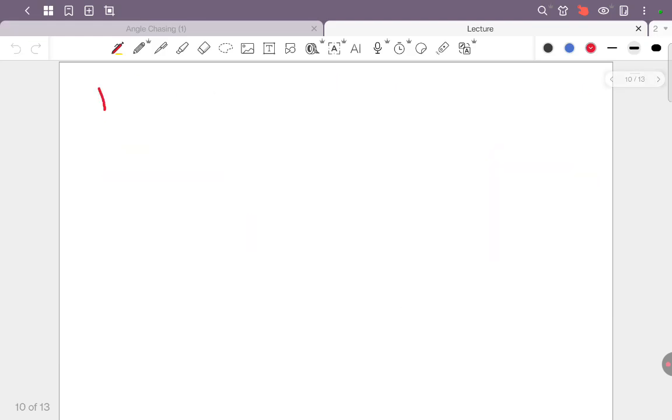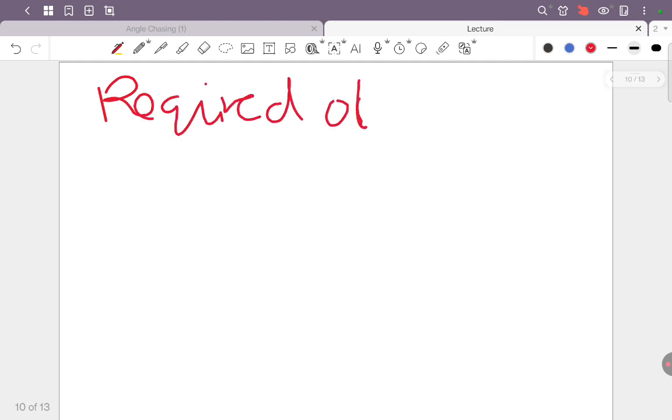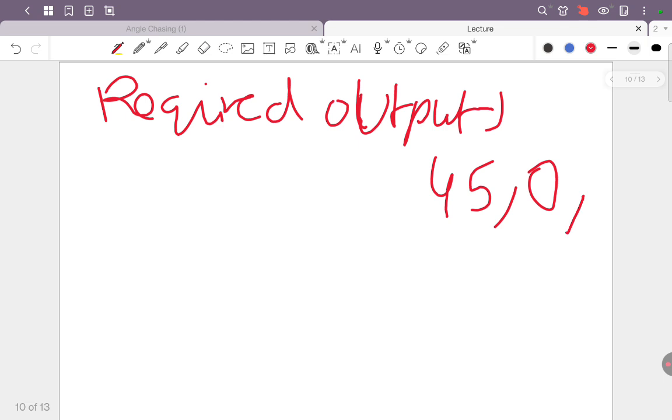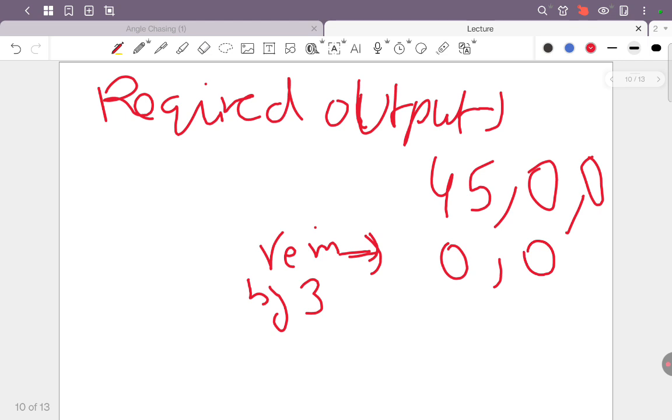So the required output is, we want that one color is 45, other two are 0. Okay, so remainder by 3 is 0 0 0. This means that all three remainders are equal.